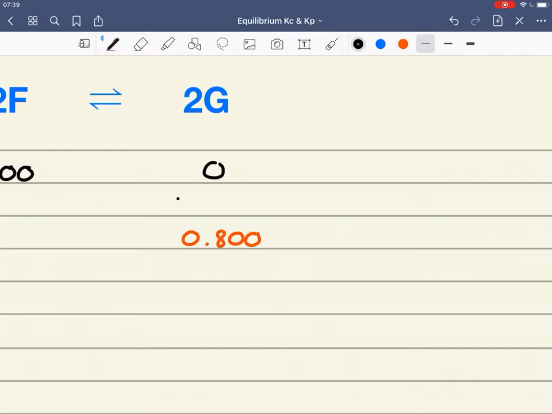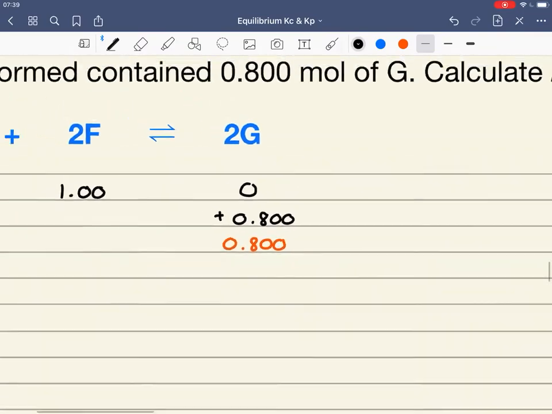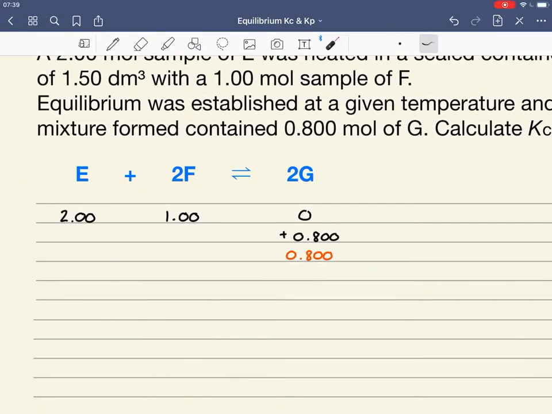So the moles of G will increase by 0.8. The equation tells me for every mole of G which forms, the same number of moles of F will react, because I've got the same mole ratio here, 2 moles react to form 2 moles.